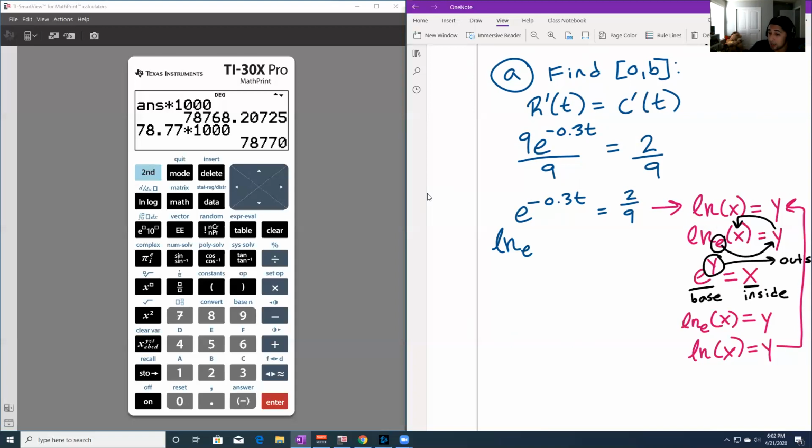The 2/9 is coming inside, and the exponent of negative 0.3t is going outside.